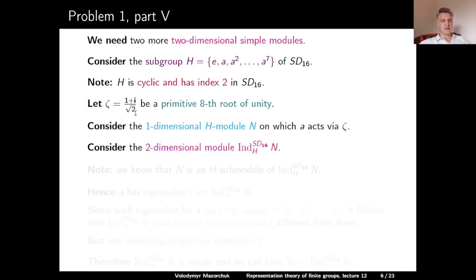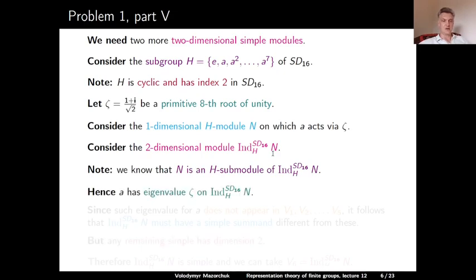So we can take this one-dimensional module n and induce it up to the whole group. Since H has index 2 in SD16, the outcome will be a two-dimensional SD16 module. So induction from H to SD16 of n. We also know that the original module n is an H submodule of this induced module.